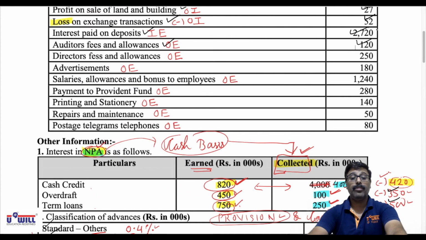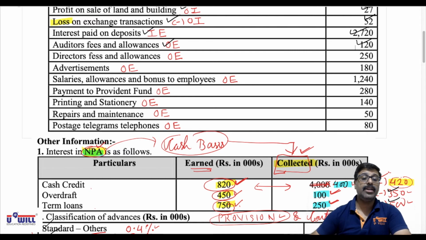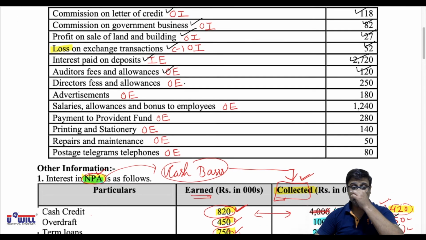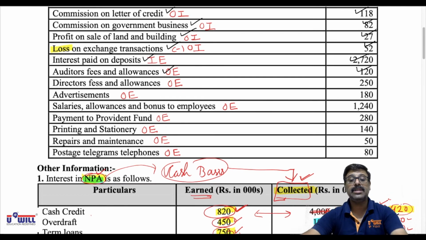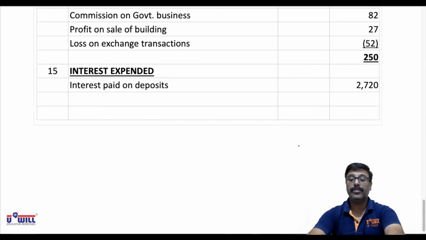Okay, there's only one item of interest expended. Auditors fees and allowances would come in other expenses. So 2720 itself will become the total of interest expended. Then the 16th schedule we will have is operating expenses.